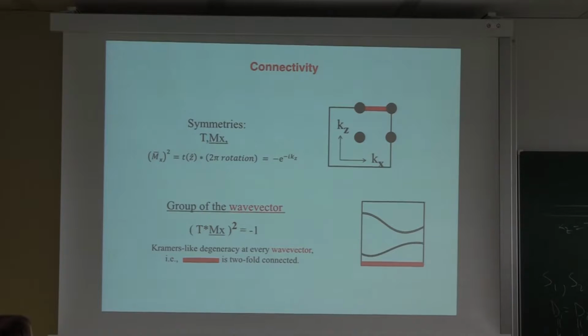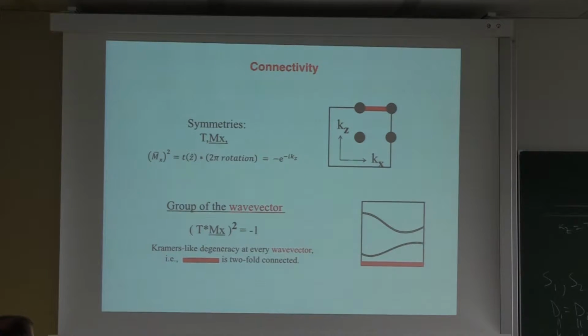But this symmetry is also special because of the non-symmorphic nature of the group. And the way to see that is to just square it. So normally, if I square time reversal times any spatial operator, time reversal has to commute with spatial operators. So this is T squared times mx squared. And normally T squared is minus 1 because I have spin.